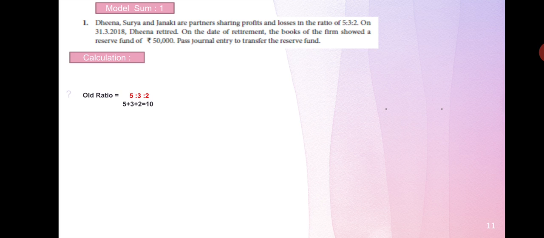Now let us calculate what will be the profit for Dina if her share is 5 parts out of 10. That means in the total of 50,000 rupees, how much amount should Dina receive?